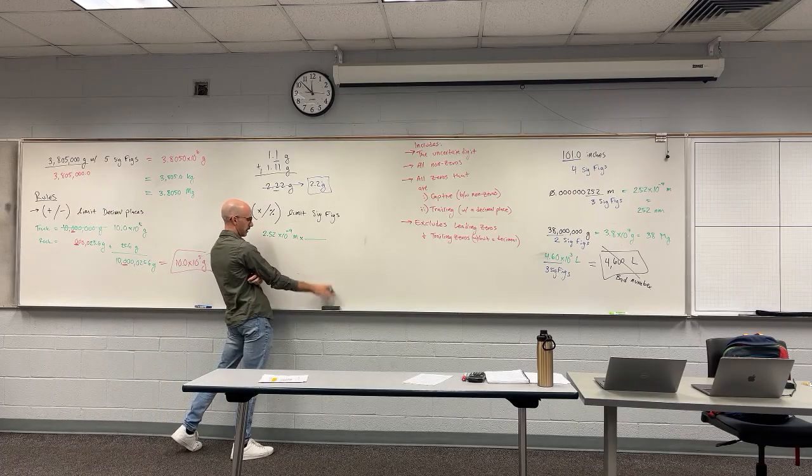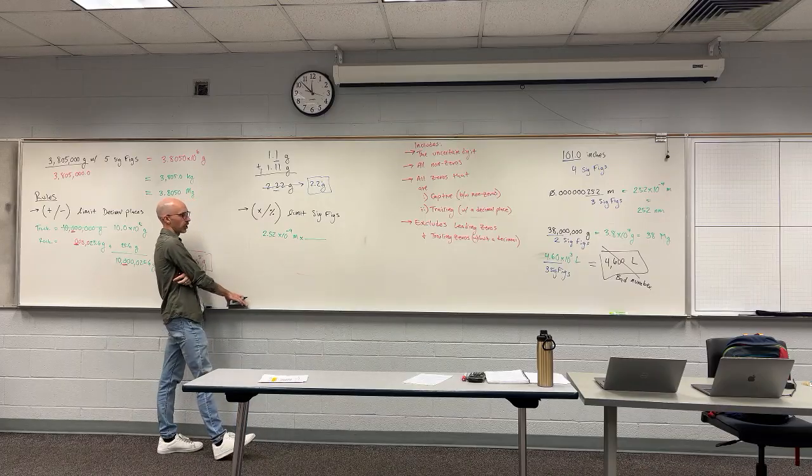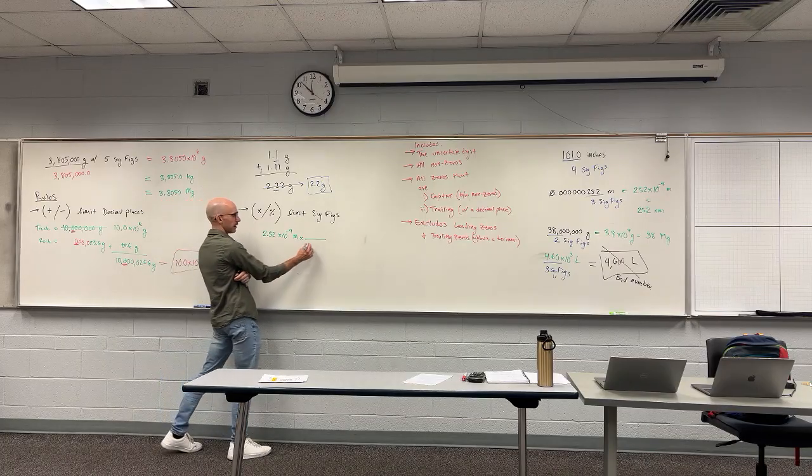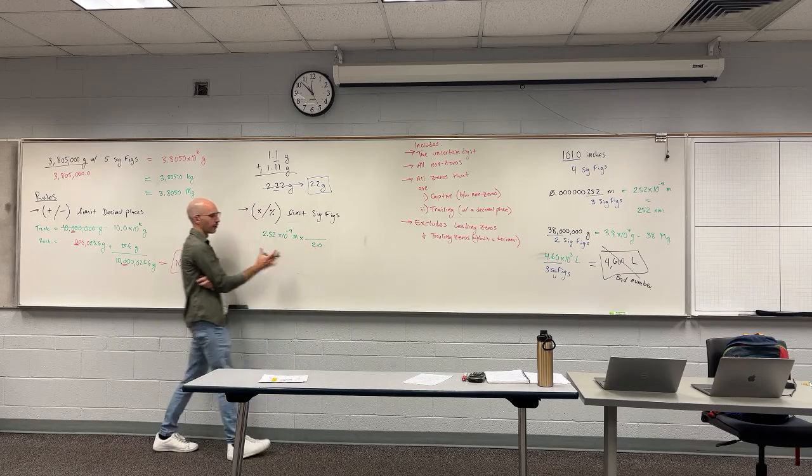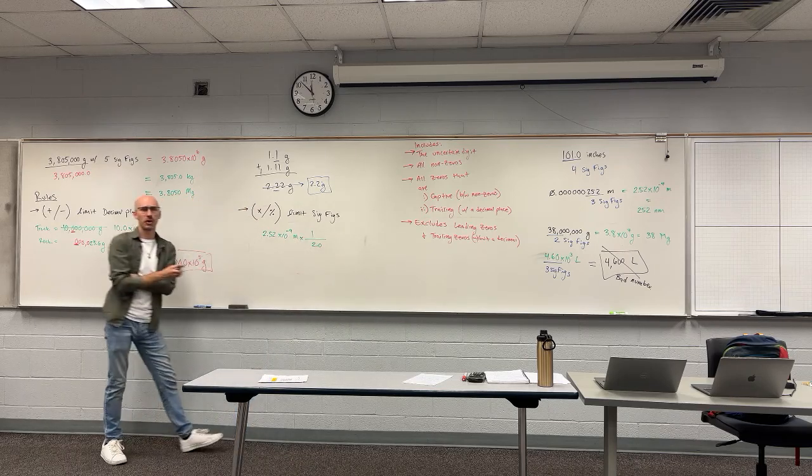And let's say that you divided this. Well, I don't actually have a good unit conversion to do here. I want to just do something simple. Let's say you divide this by 2.0. Sorry, no unit.